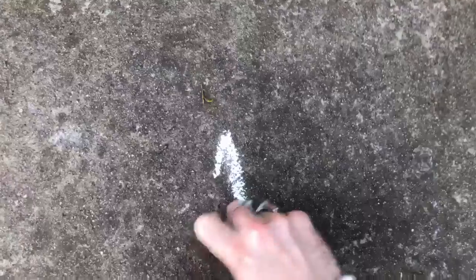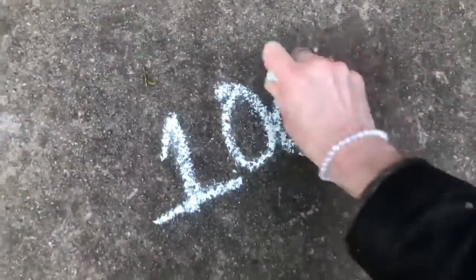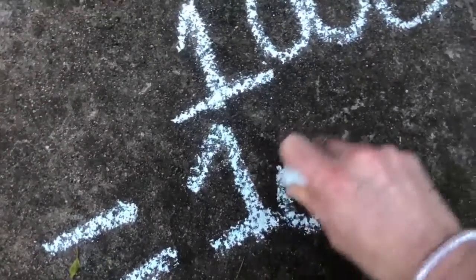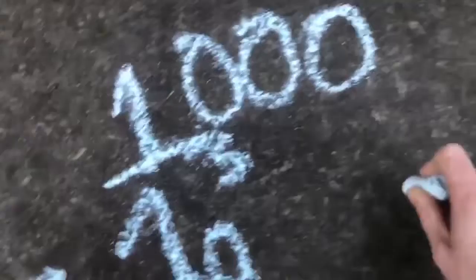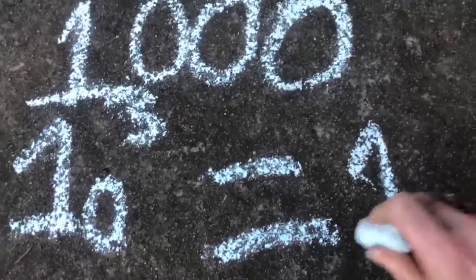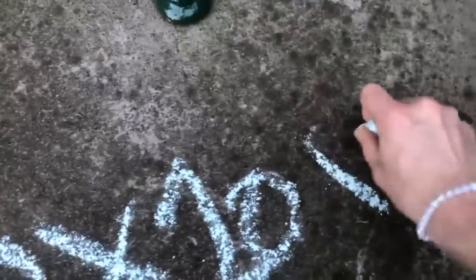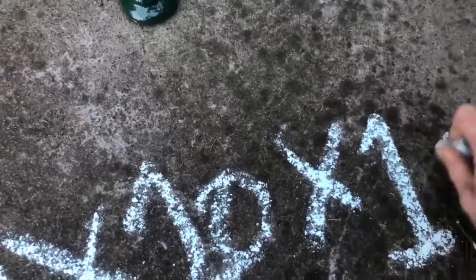Let's start with a simple one, the number 1,000. We know that 1,000 equals 10 to the 3, or also equals 10 times 10 times 10.